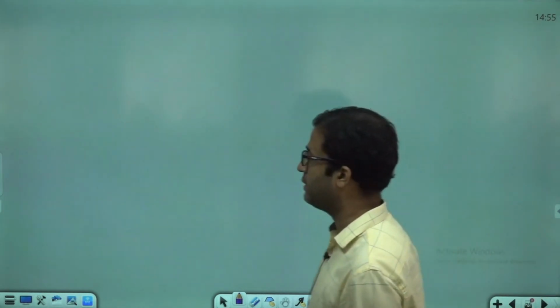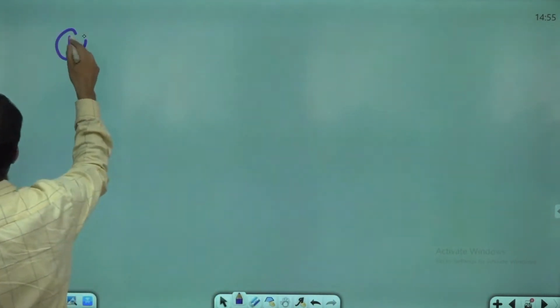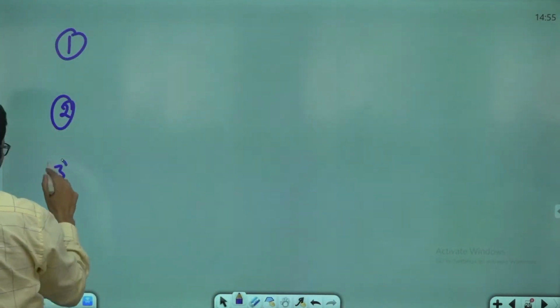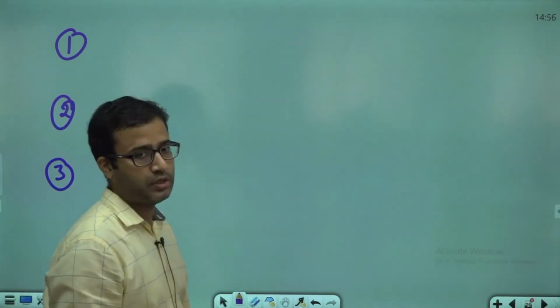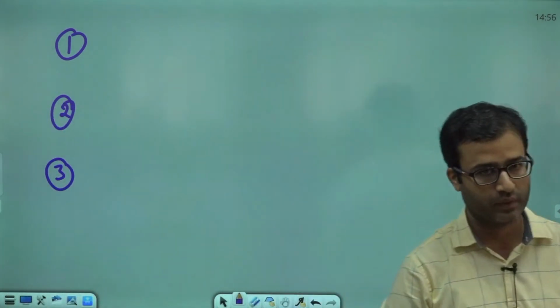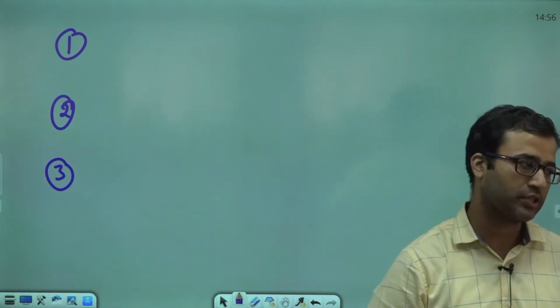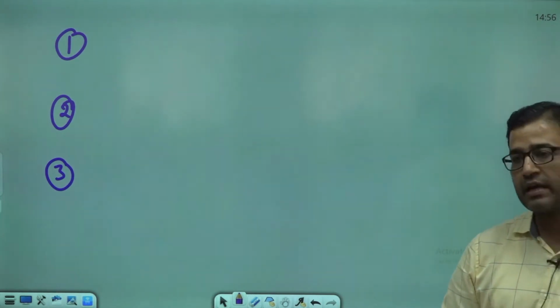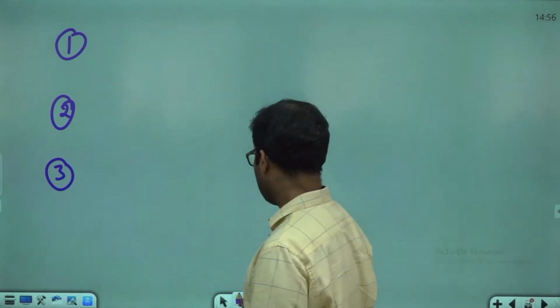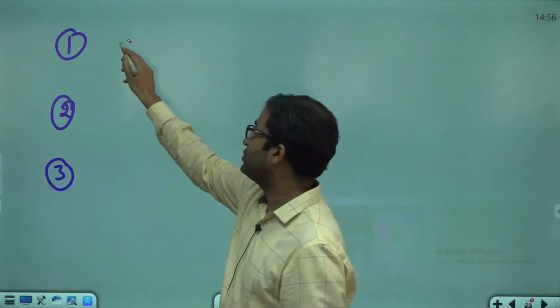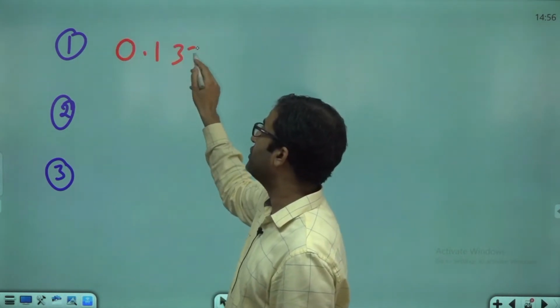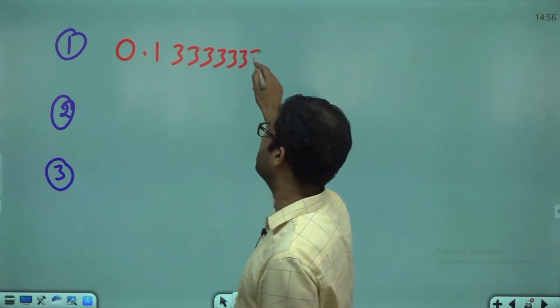I take 3 examples in type 2, and I will take 2 more, because I know some students face problems with 3 examples, so I will take 2 extra. All of you will understand. Then I ask you 2 questions. Like my question is 0.13333333.